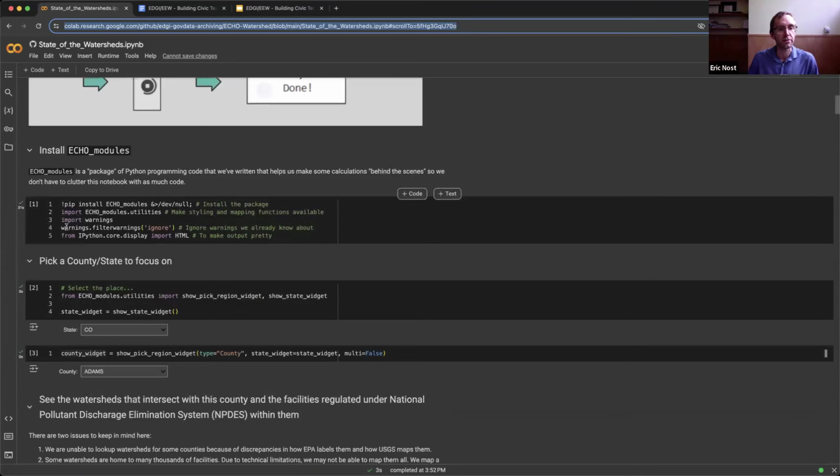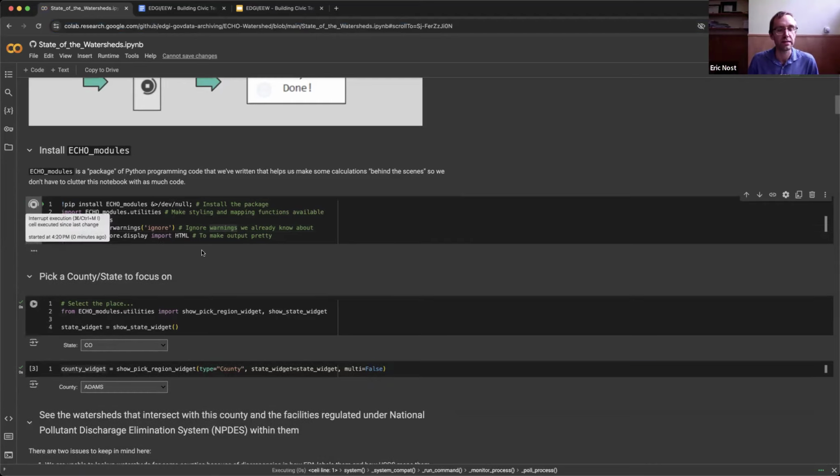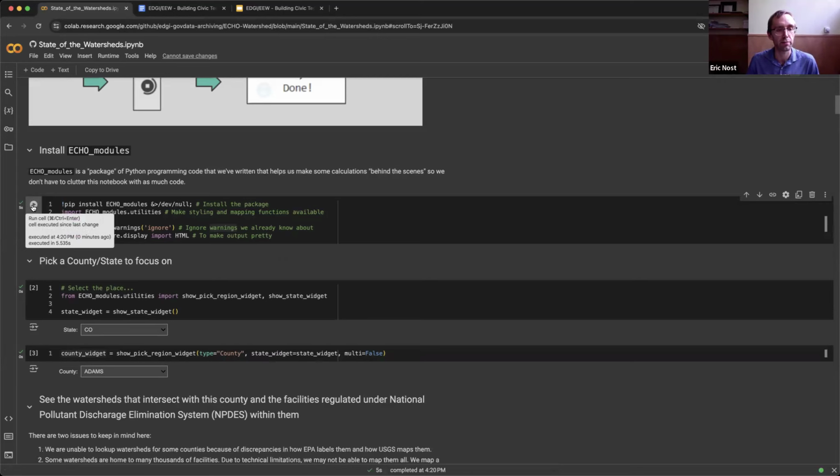So the first thing we do here is to install some helper code that the notebook will draw on throughout to make the analysis run quicker and take up fewer lines of code. I've already done that in this demonstration previously, but to give you a sense of what it would look like to run this notebook, I've gone ahead and clicked play.